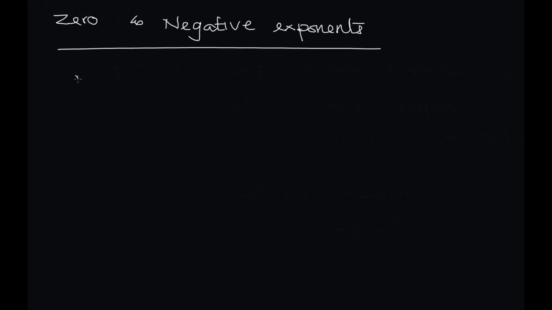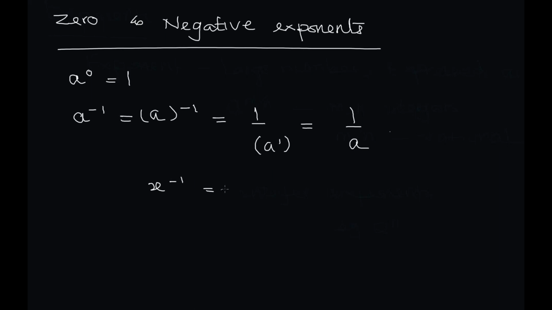Then we look at zero and negative exponents. These are important. Remember, if you want to be good with the bigger picture of calculus or maths, we have to know these. They help us to identify the patterns. A power 0 is 1. A power minus 1 flips and becomes 1 over a. For example, x power minus 1 also becomes 1 over x.